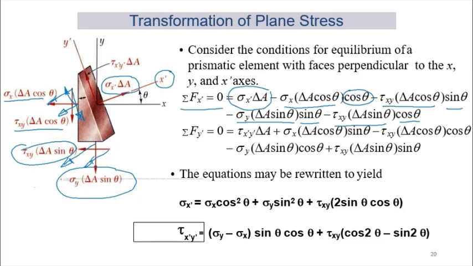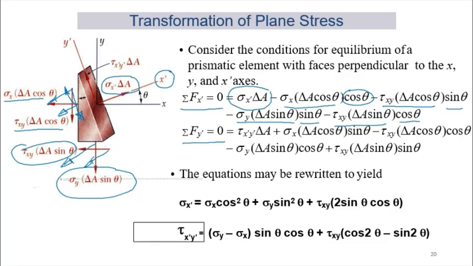So this is the first equation. The second equation that we can find is summation of Fy prime is 0 in the y prime direction. Again, using equilibrium, we can find this second equation here, right? Now we have two equations. They are both equal to 0.